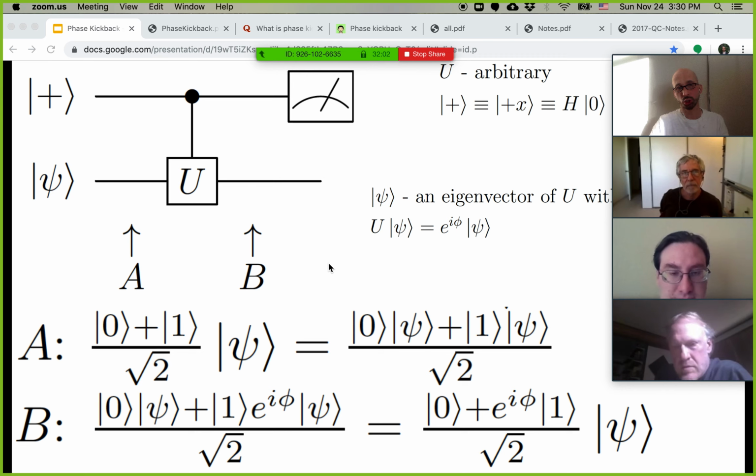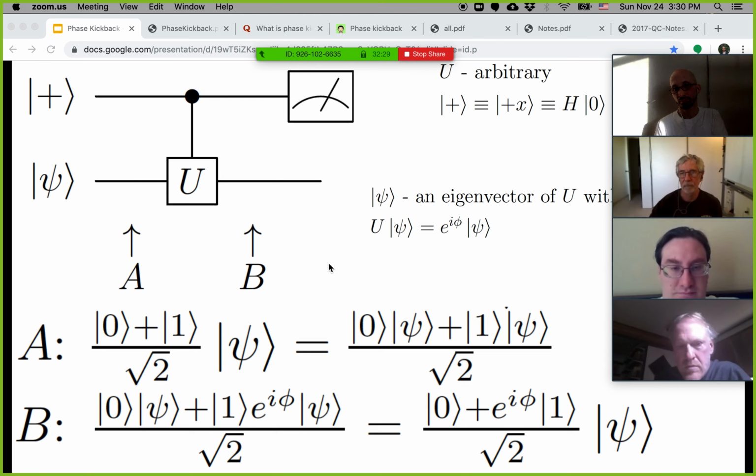And if we discuss controlled operations from the X perspective, the control and target qubits will be flipped. So the first qubit is the target qubit and the second qubit is the control qubit. So it's actually completely symmetric in the quantum case.